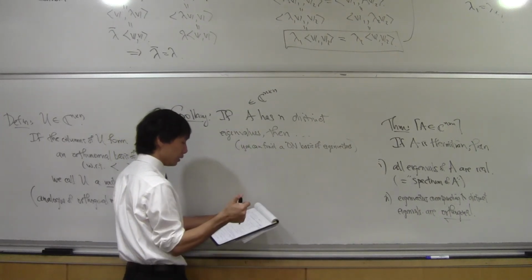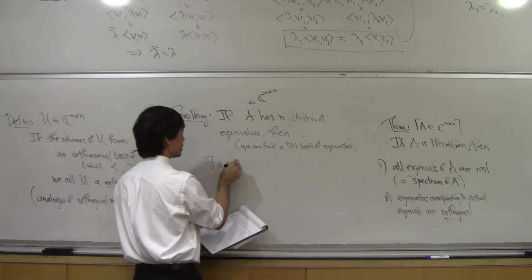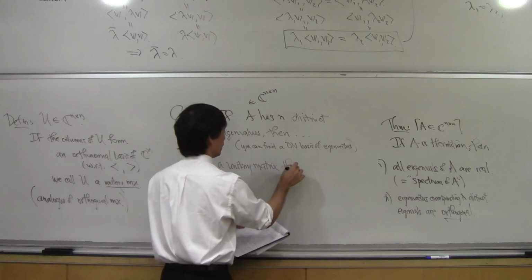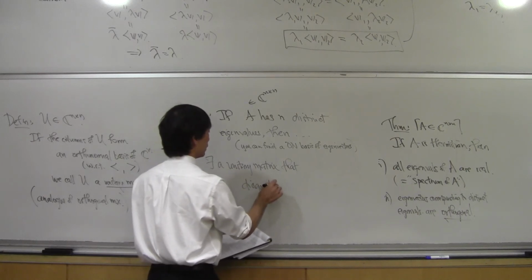That's not this part of the statement. Let me just say, then there exists a unitary matrix that diagonalizes A.